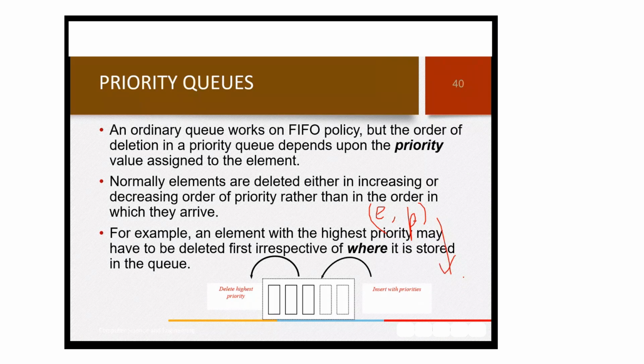For example, VVIP may get higher priority compared to ordinary persons, right? Senior citizens may get higher priority compared to non-senior citizens. So there is some kind of priority which is attached.